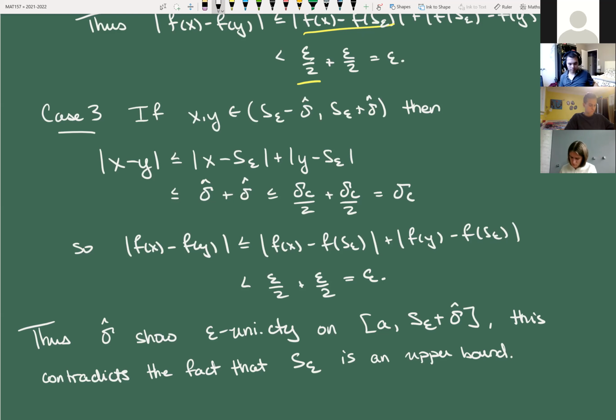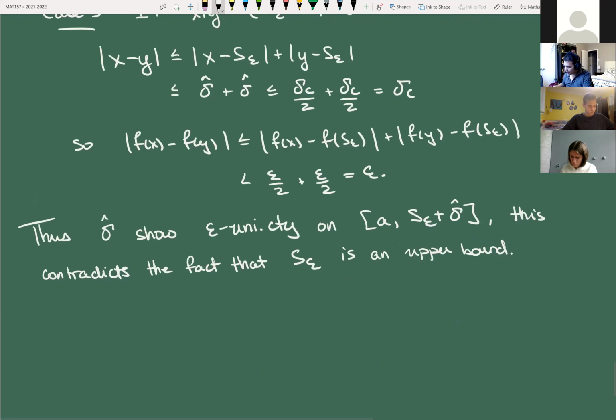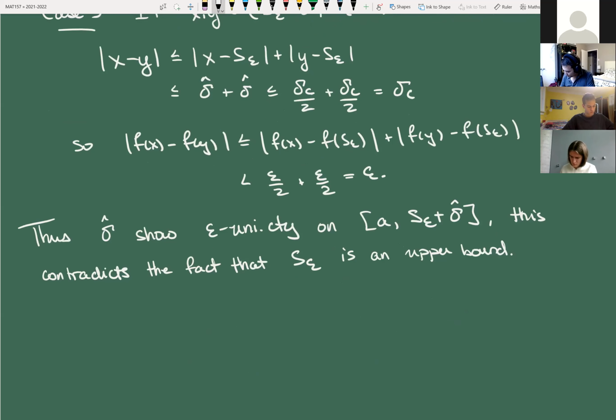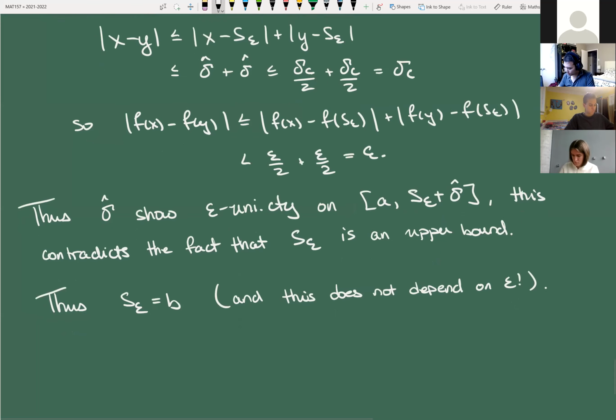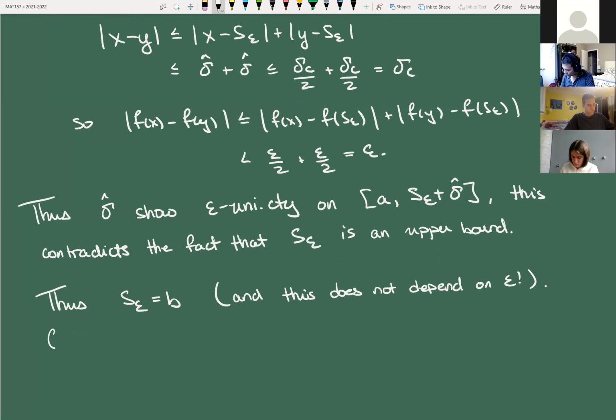Okay. And then the only thing that is left, so thus s sub epsilon equals b, which notably does not depend on epsilon. And so now you have to just convince yourself that s sub epsilon is actually in c of epsilon. So convince yourself.